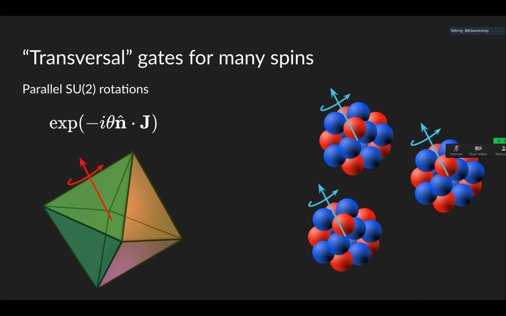Good. So here, of course, the idea of transversal is now going to be a combination of doing those SU2 rotations, but now in parallel on multiple large spins.